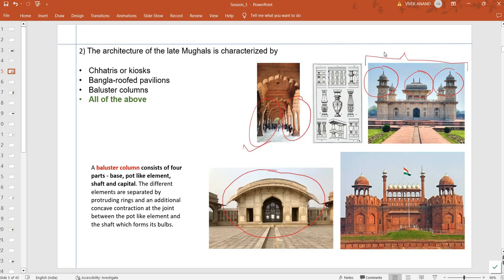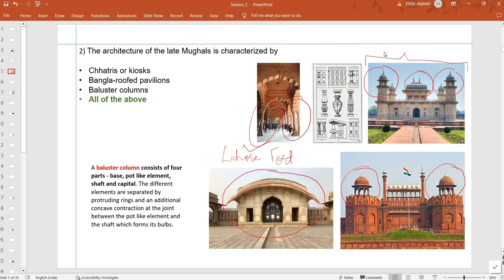So this is an example from Lahore Fort, if I am not wrong, as far as I remember. So what element can you see in this image? What is this? Bangla roof. Yeah, that's Bangla. And in this picture, this is the famous Chhatri. Which building? Red Fort.